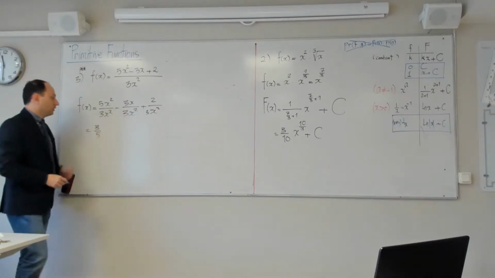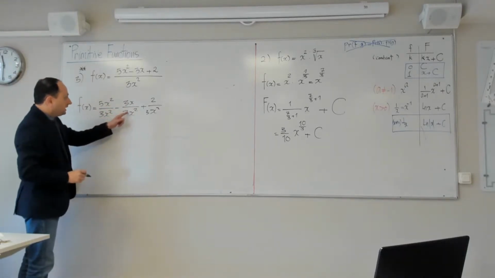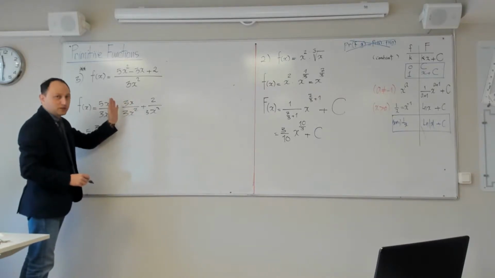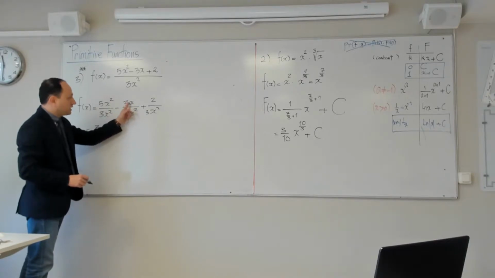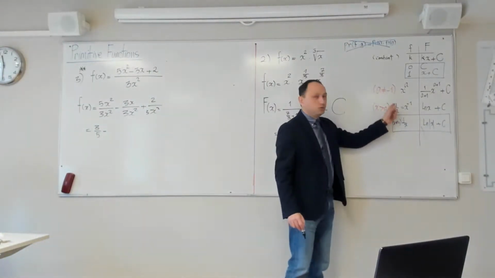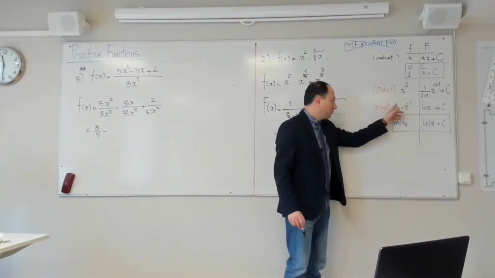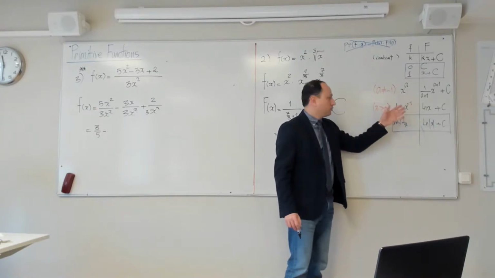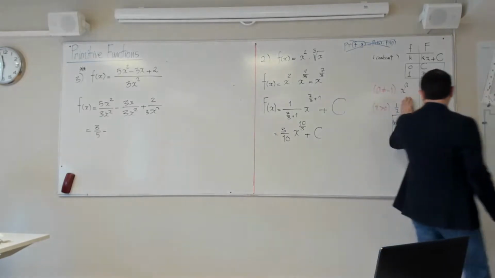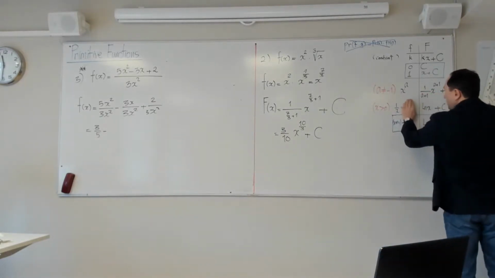Here, 3 and 3 are gone. In differentiation, I used to bring it up, but here be careful. Of course, you can still bring it up, but I prefer to realize that when I simplify, this becomes exactly my exception. My exception is 1 over x. I myself prefer to keep it as 1 over x, but if you don't want to do that, you can bring it up. But this is the one in the formula sheet. So yeah, you need to get used to it.